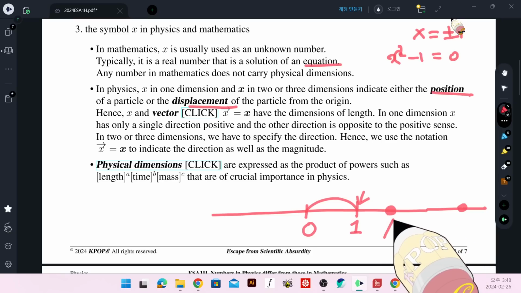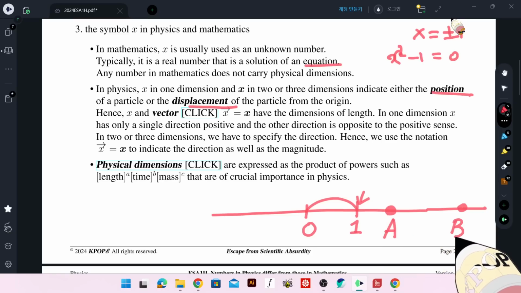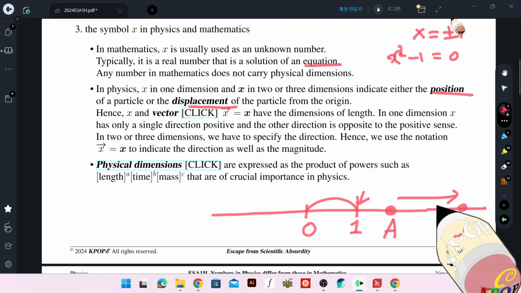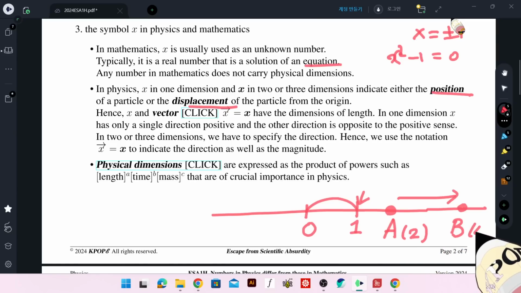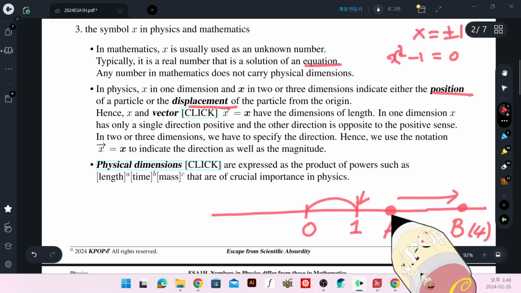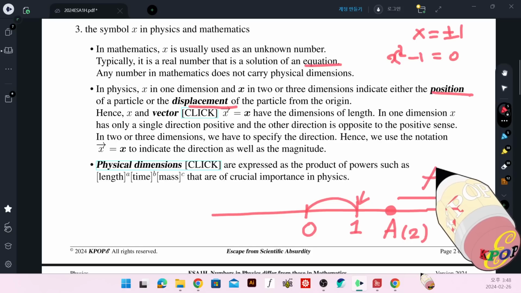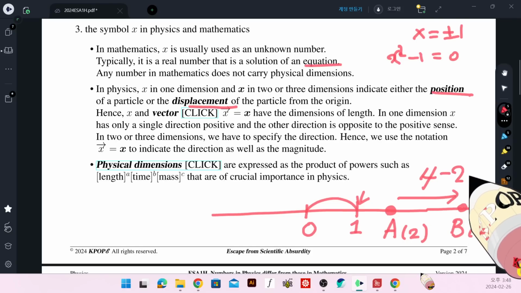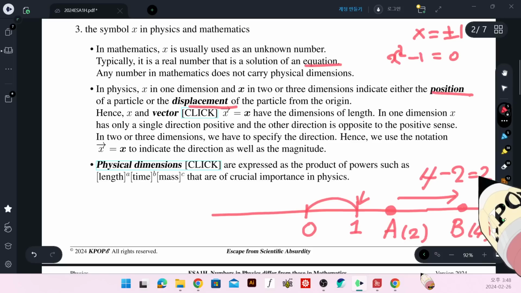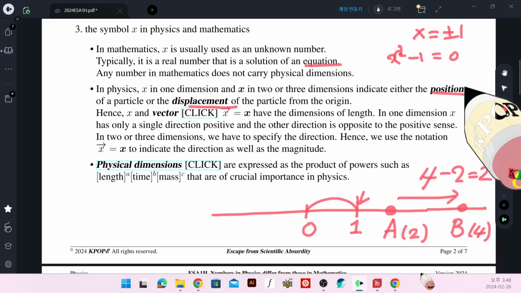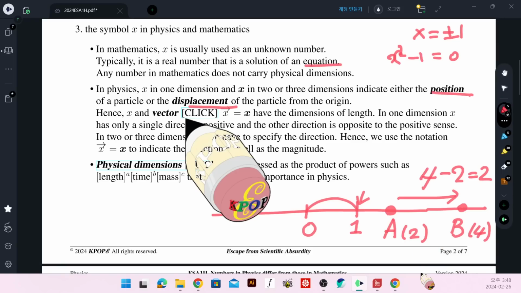So we choose a point A to point B, and point A has some number, for example 2, and if we have number 4 standing for point B, then the displacement from A to B is 4 subtracted by 2, that is 2. This is the displacement, the change in the value of the position. That is called the displacement.